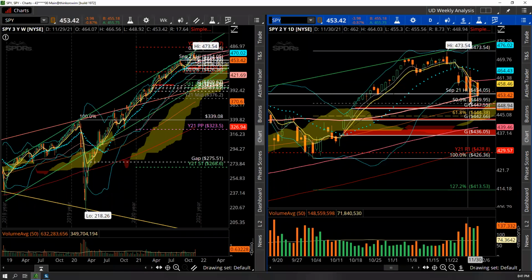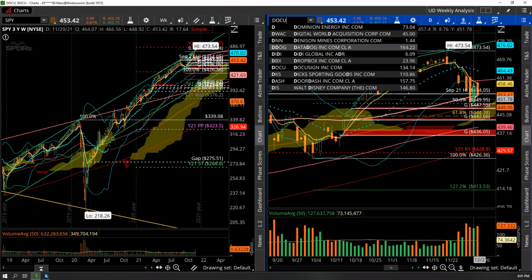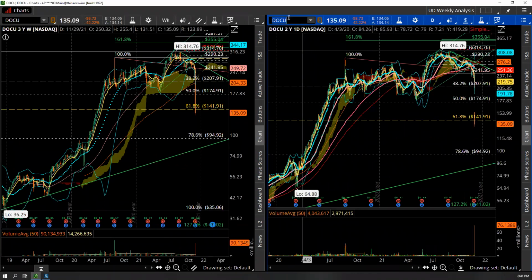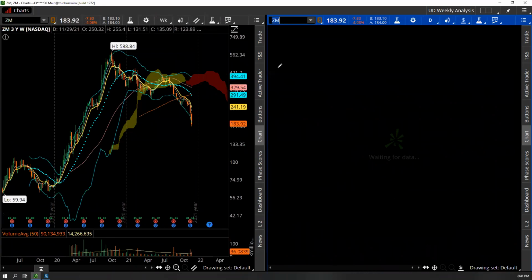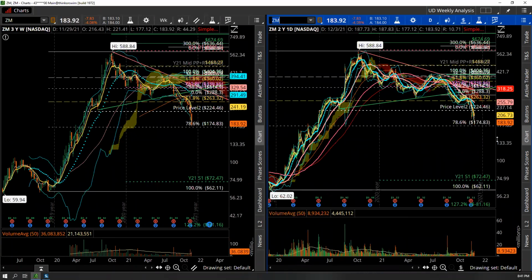Come to the index and focus on playing SPY or QQQ, so that you are very focused and not adding a lot of risk, headline risk especially. Like if you were in DocuSign, this is what happened. If you were in Zoom, this is what happened.